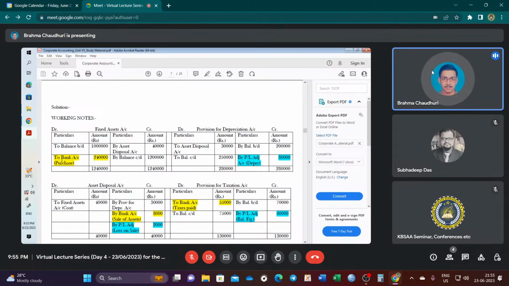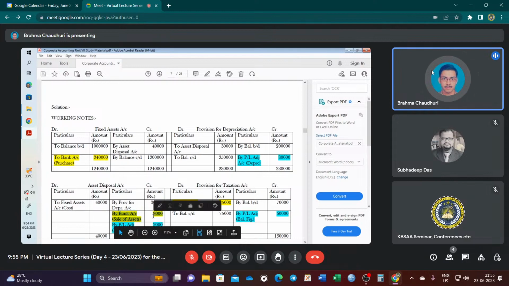So there is a new purchase of fixed asset of rupees 2 lakh 40,000 that has to be shown in the cash flow statement as an investing activity. Fixed assets to bank account, purchase of 2,50,000, will be shown as an investing activity. And in the asset disposal, by bank account, sale of assets 8,000, that will be shown as a cash inflow from investing activity.